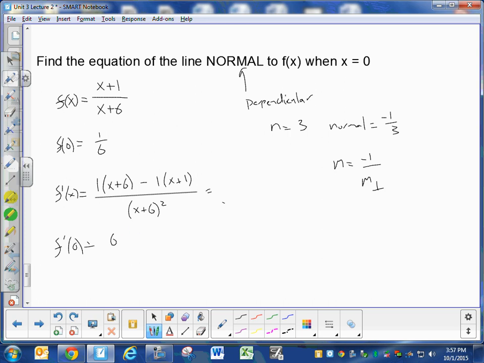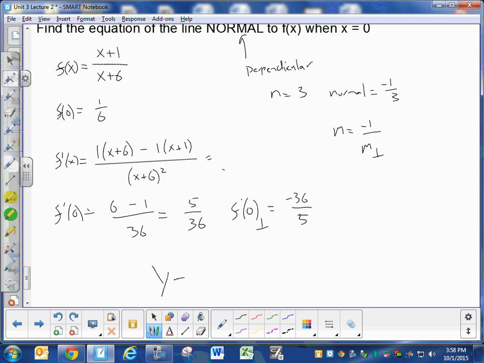I get 6 minus 1 over 36. That is 5/36, which means the slope of my normal would be negative 36/5. And using that and my point, I'll have my equation. y minus 1/6 is equal to negative 36/5 times x minus 0.